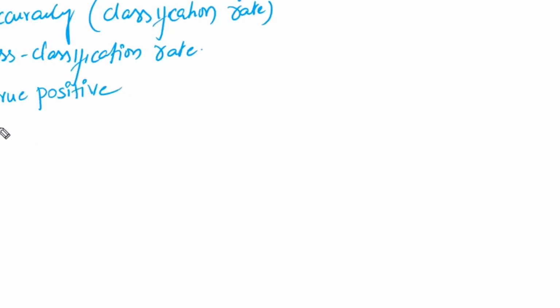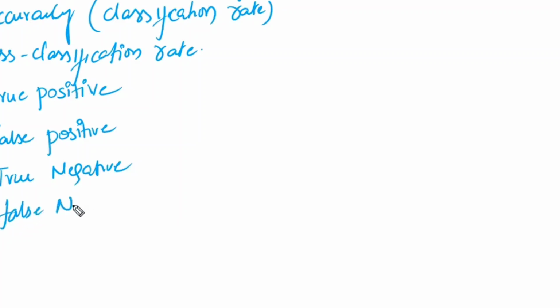Next one is false positives. Next one is true negatives. Next one is false negatives. Next one is confusion matrix.